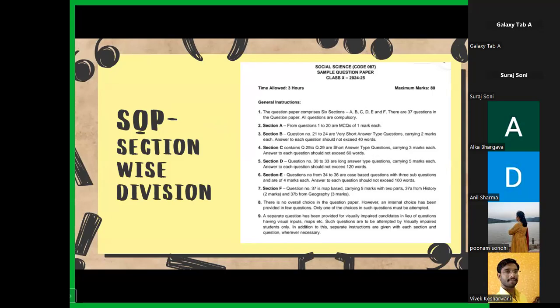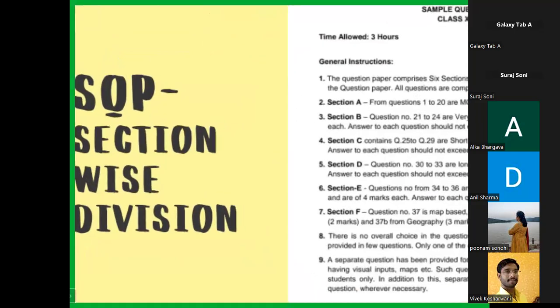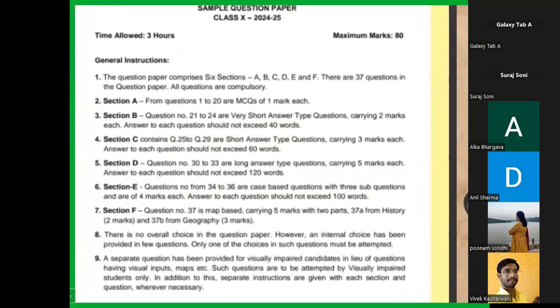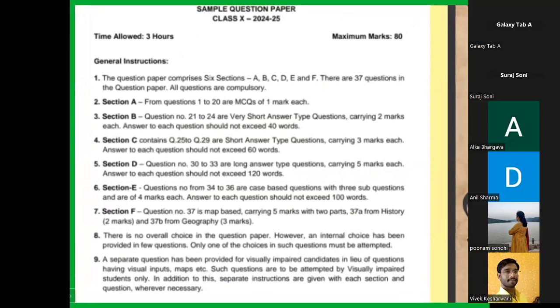Now section wise, when we have a look at things, the social science paper normally comprises of these 6 sections, where in section A we have questions from question number 1 to 20. These are MCQ questions, 1 mark each.